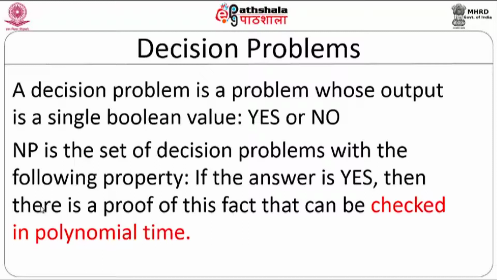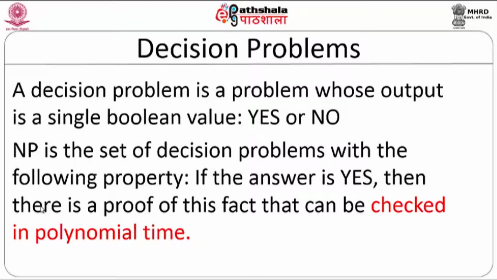If the answer is yes, then there is a proof that can be verified in polynomial time. Fine. Most of the computer science problems are optimization problems. These problems need to be converted to decision problems, and in the last module we discussed informally the conversion of optimization problems to decision problems.